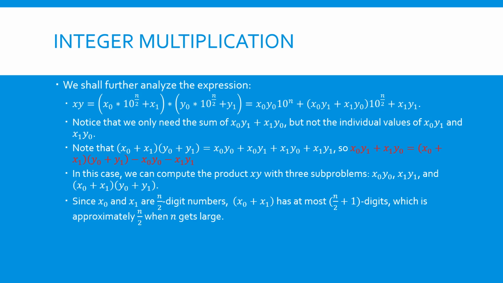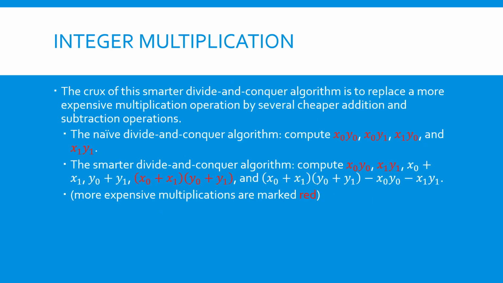Therefore, we can say that all 3 subproblems have a size of n over 2. This smarter divide and conquer algorithm saves computation by reducing the number of subproblems from 4 to 3. While we need to perform several additional additions and subtractions, these operations can be executed in linear time and are much more efficient than the O(n squared) multiplication.